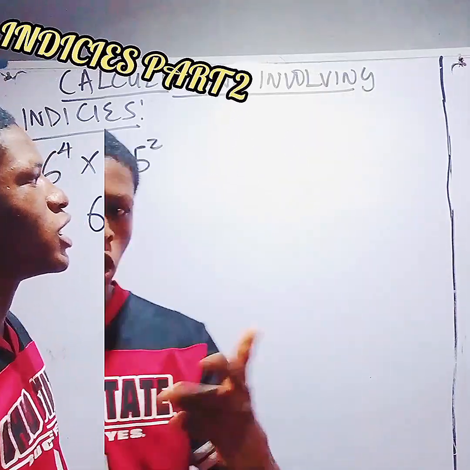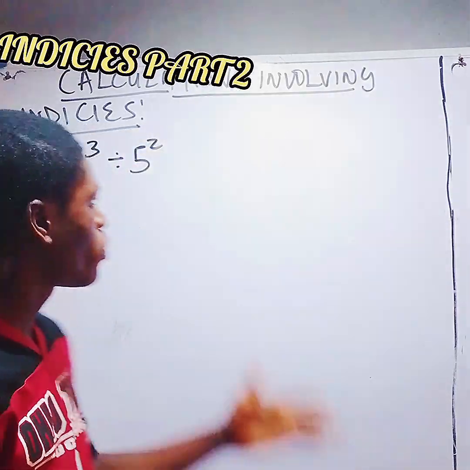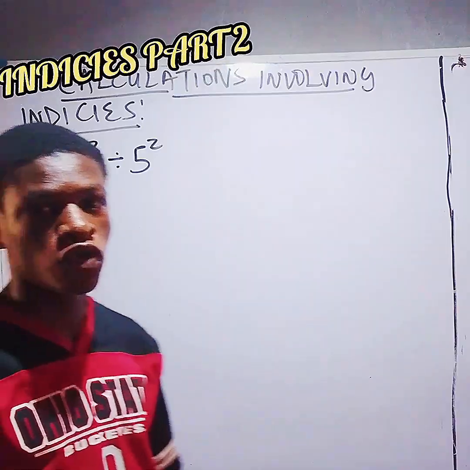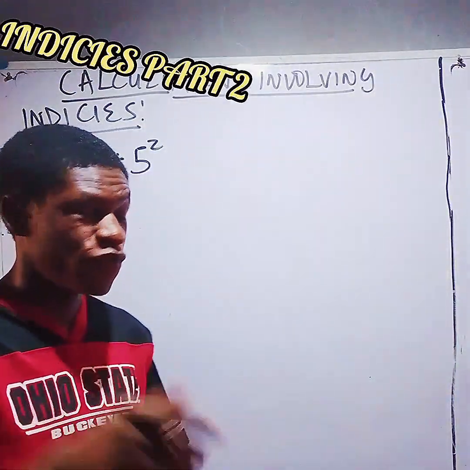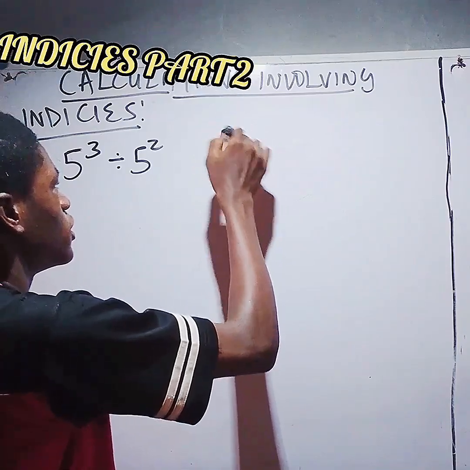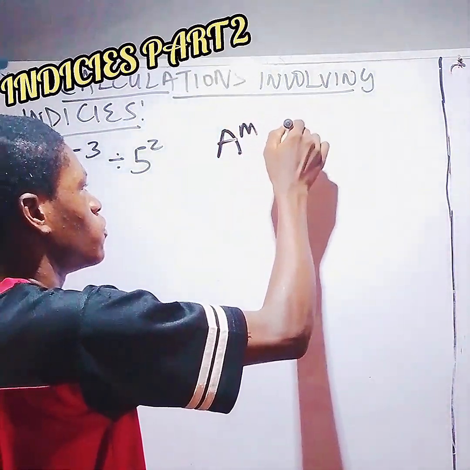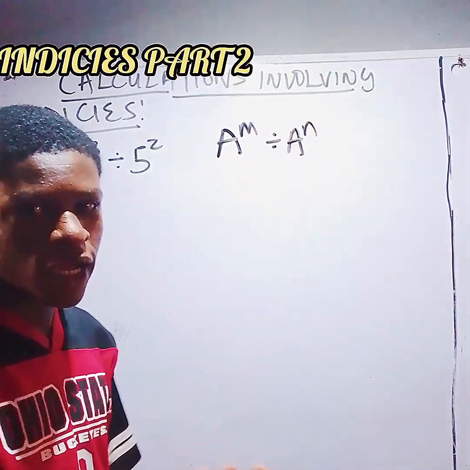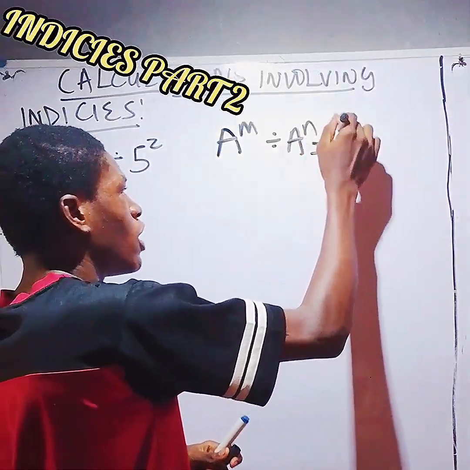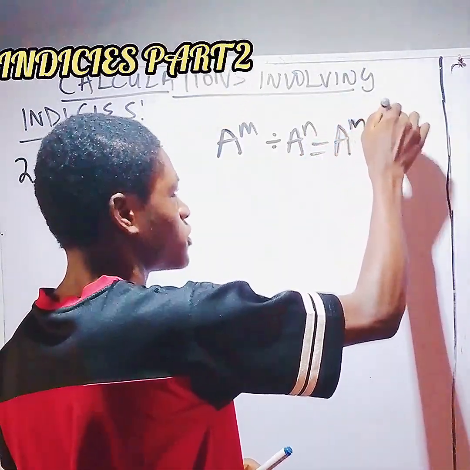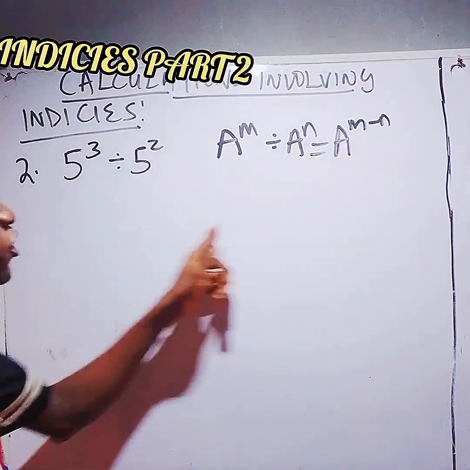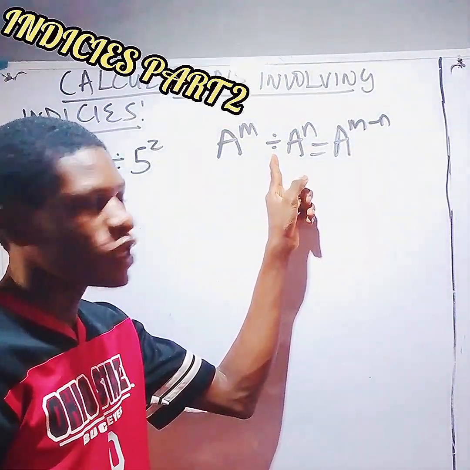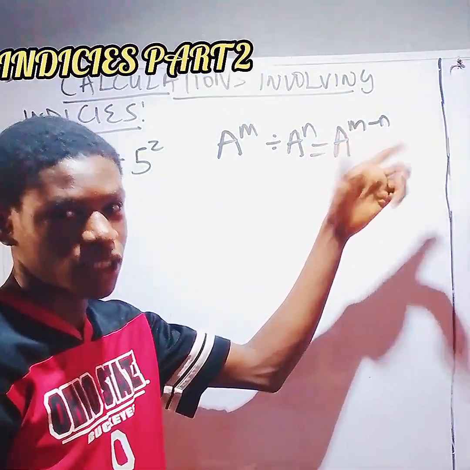Right? That's my answer. Number 2: 5 raised to the power of 3 divided by 5 raised to the power of 2. This is still another wonderful one. If you still remember a raised to the power of m divided by a raised to the power of n, we have a raised to the power of m minus n. Because they are dividing, I subtract the powers.